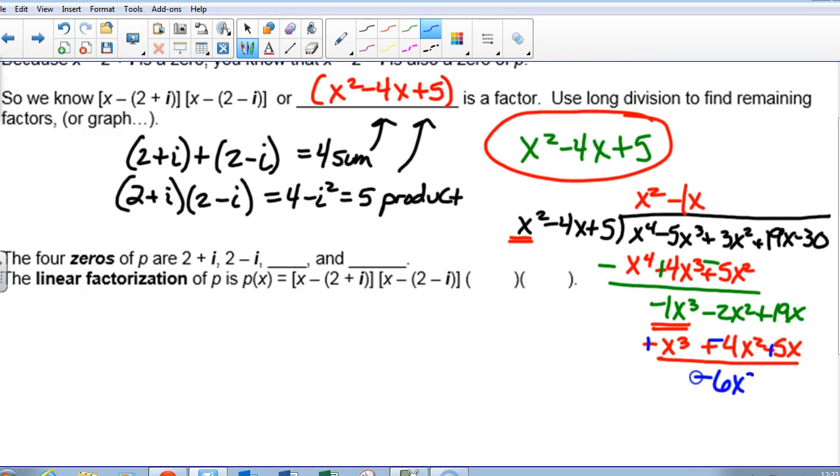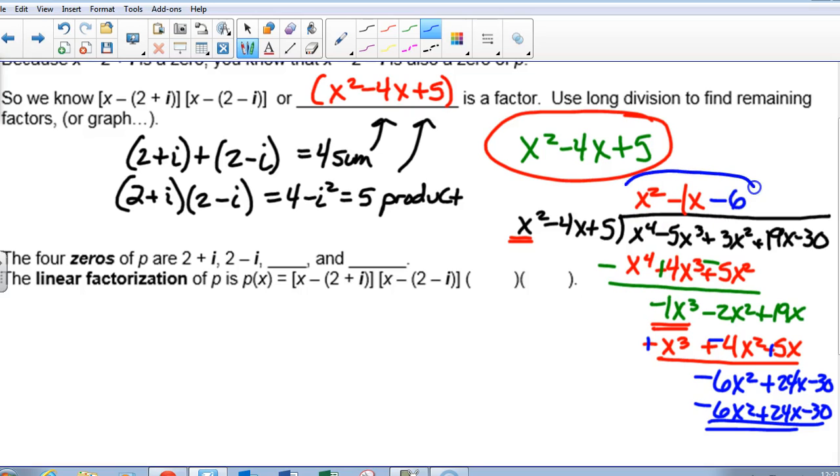Negative 6x squared plus 24x minus 30, which hopefully goes in exactly negative 6 times. Negative 6x squared plus 24x minus 30. Okay? It was supposed to be a factor because they told us it was a factor, so it should have come out 0, and it did.